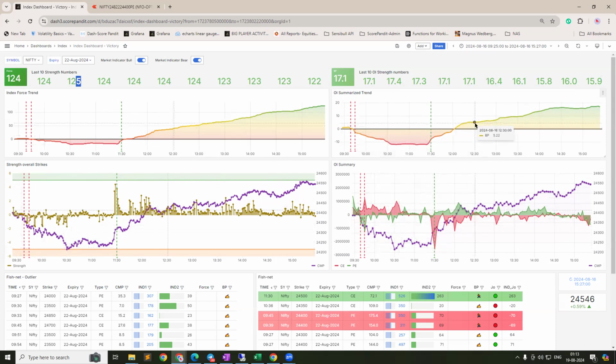We have these two charts, and below is also a chart that some experts can refer to, but as a novice or beginner, you can reference only these two charts and then the fishnet chart at the bottom. This chart is similar to the above chart.